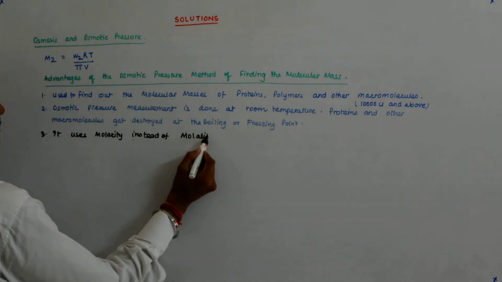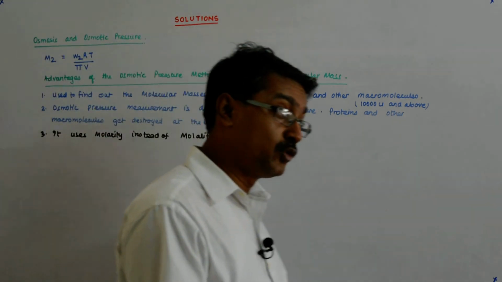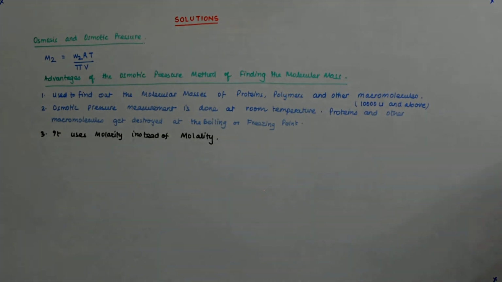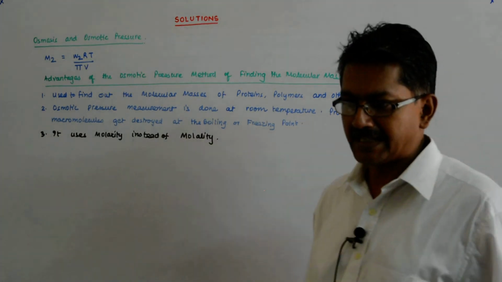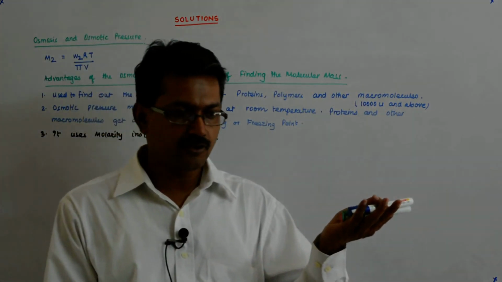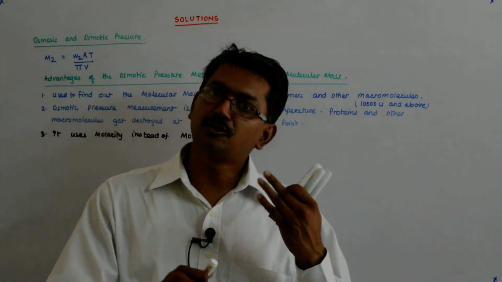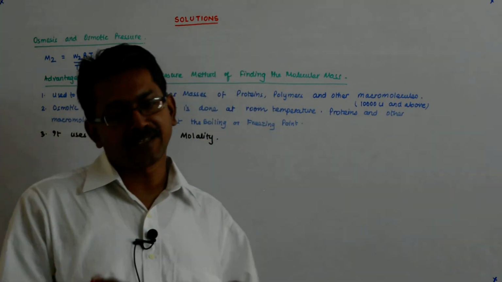But what we studied in the chapter is that molality is easily known when you are preparing the solution. You have sugar, you have a kg of water, when you have prepared the solution. Once the solution is prepared, then calculating molality becomes difficult.